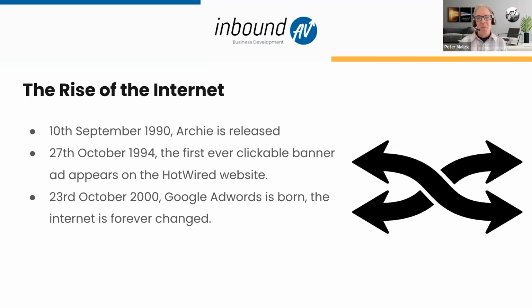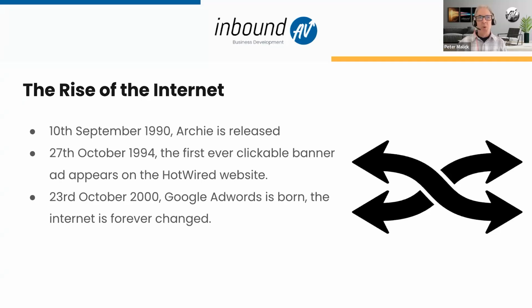So more relevant data is that in October 1994, the first ever clickable banner ad appears on the Hotwired website, which gave people the ability to actually go and look at a product and potentially buy it. But the big earth-shaking event was the 23rd of October 2000.